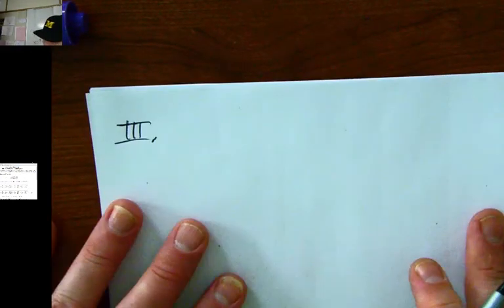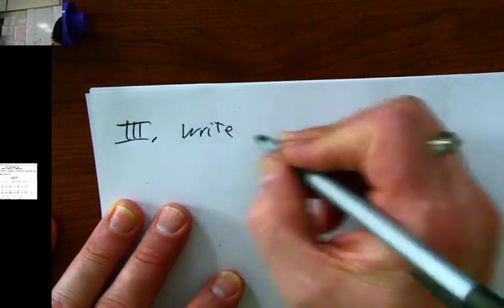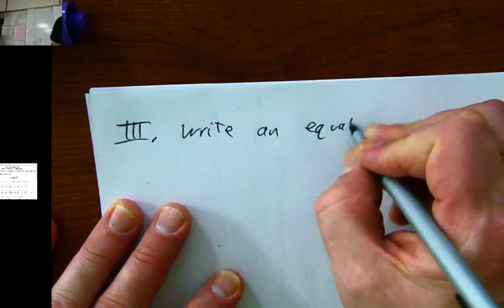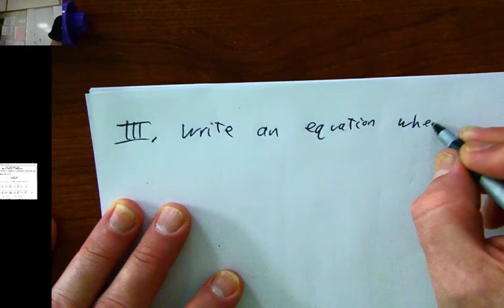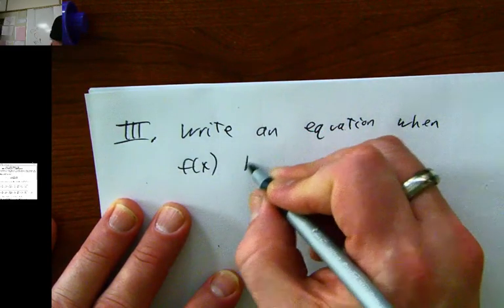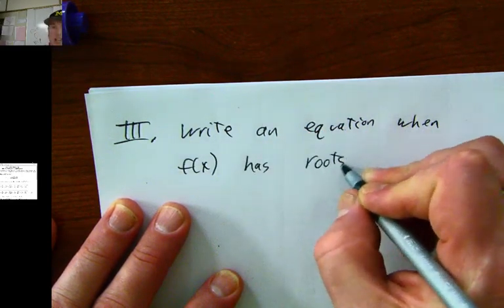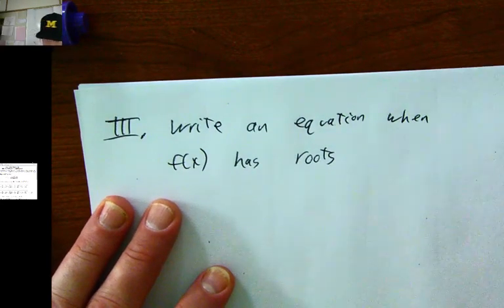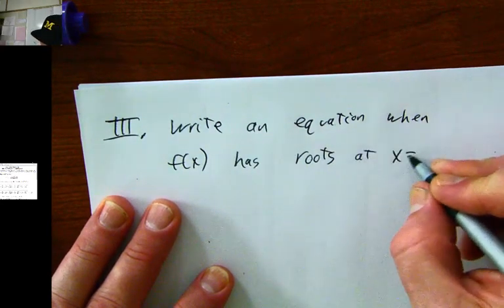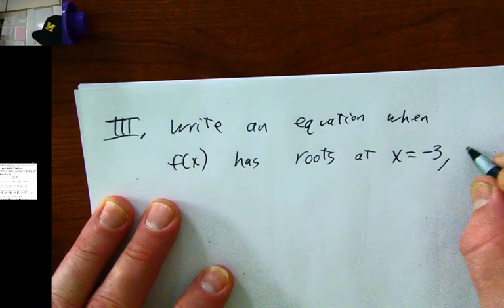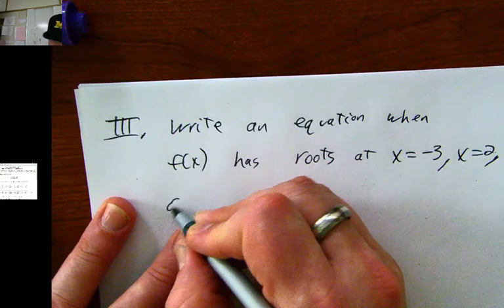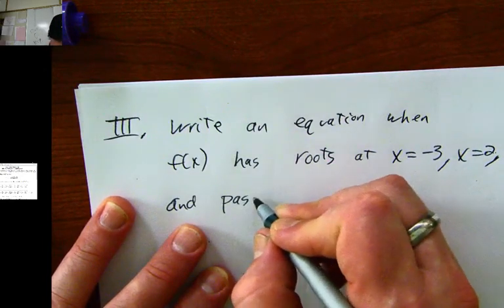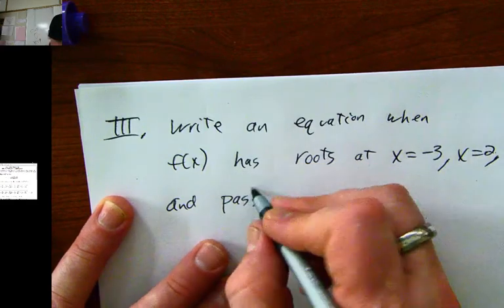And in part 3, write an equation when f of x has roots, that's zeros, roots at x equals -3, x equals 2, and x equals 4, and, no, I'm sorry, it doesn't say it like that.